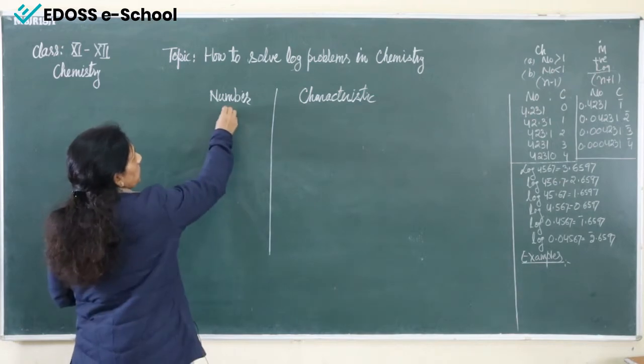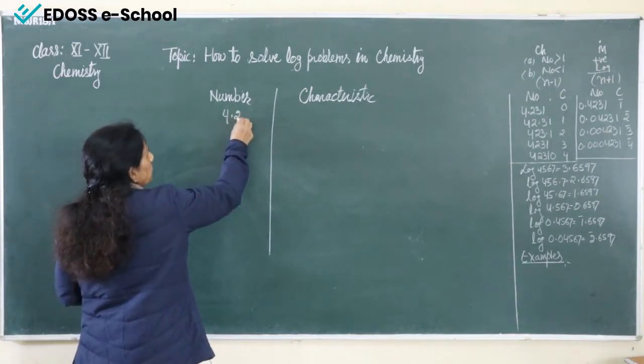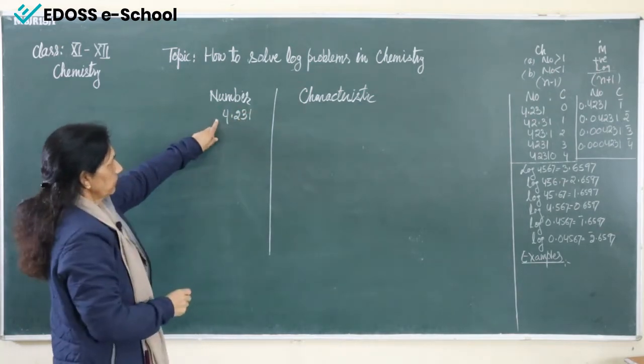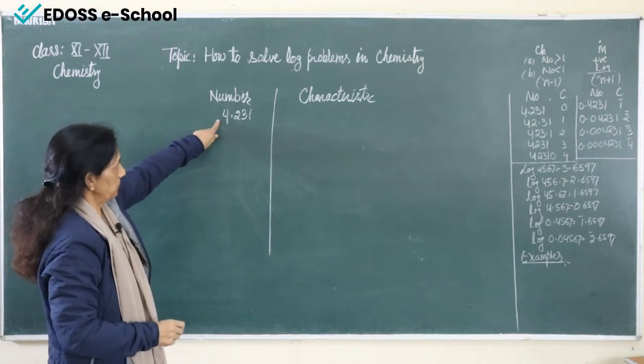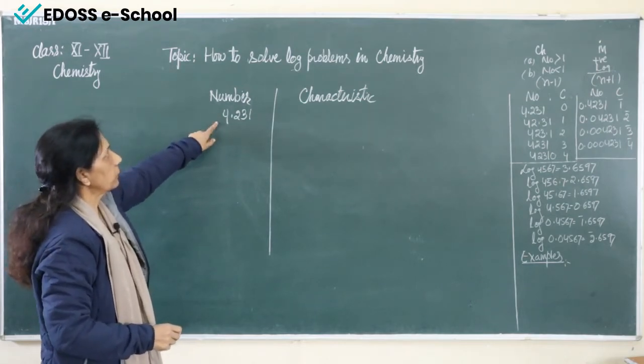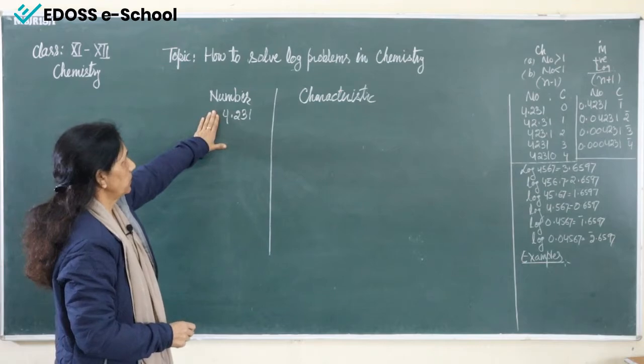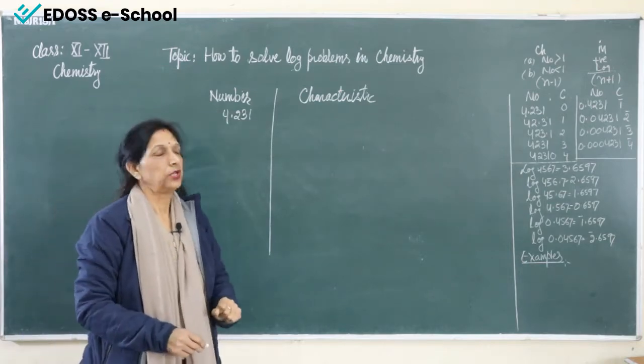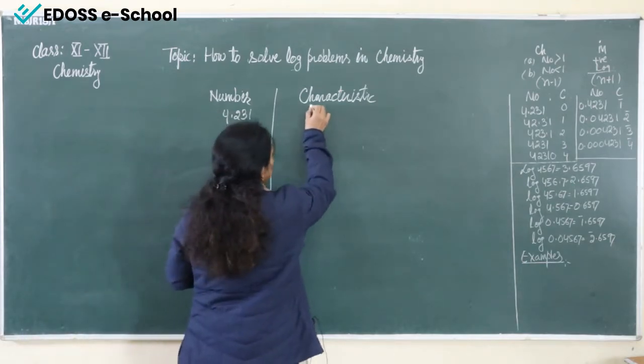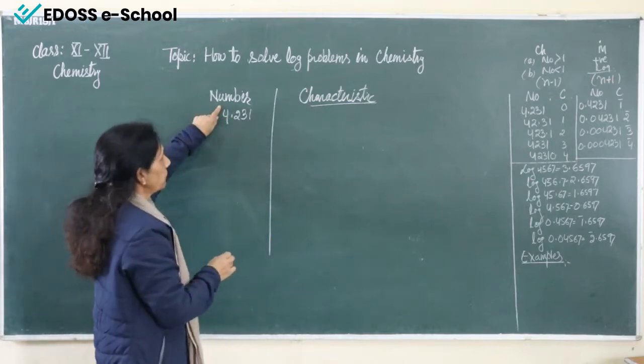Suppose the number is 4.231. We have to find the log of this number. The first thing that we have to do is to find its characteristic. So how will we find the characteristic?